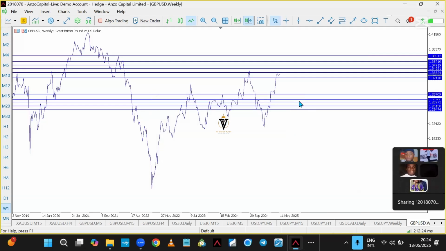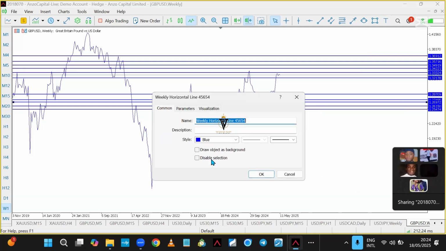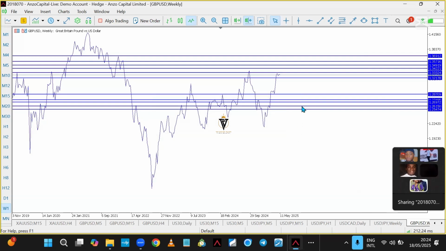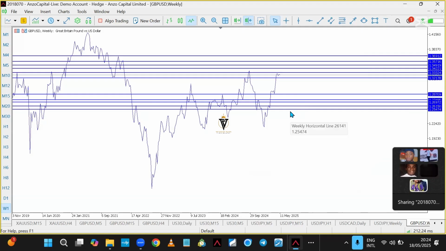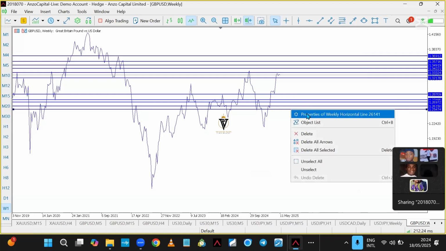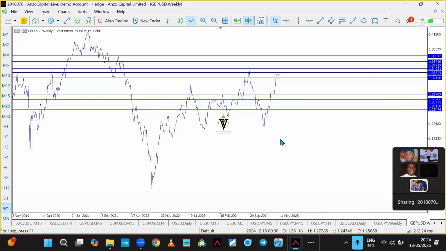I hope we understand what I'm doing. Now, if you notice, I didn't change the line charts into different colors. But once I go close to the line chart, you will see that it tells me which time frame the levels I drew on belong to. So you will see weekly here, you see monthly here. That's how MT5 does. When we are using MT4, you may not get this.